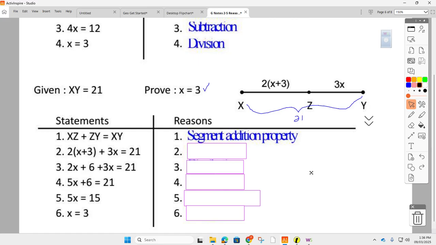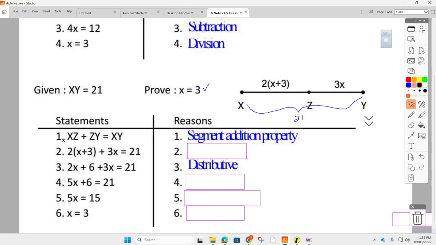So now, what did we do to get from 1 to 2? So this is a real geometry proof. It's not a real hard geometry proof, but this is a more typical looking proof. How did we go from 1 to 2? No, that's from 2 to 3. I'll give you that. From 2 to 3, it's distributive. So this refers to the length of xz, right?